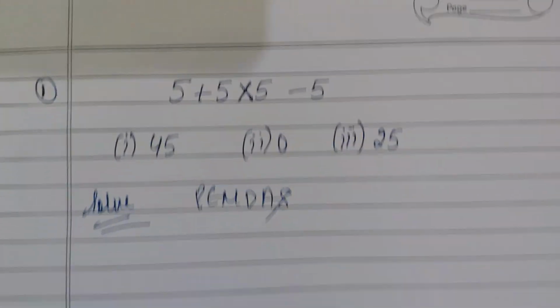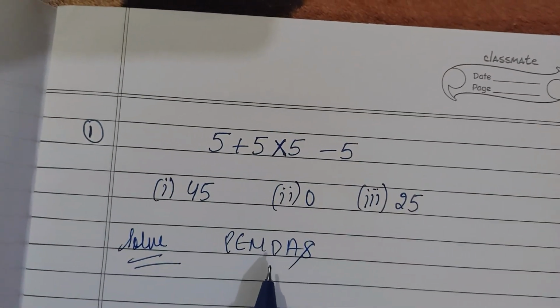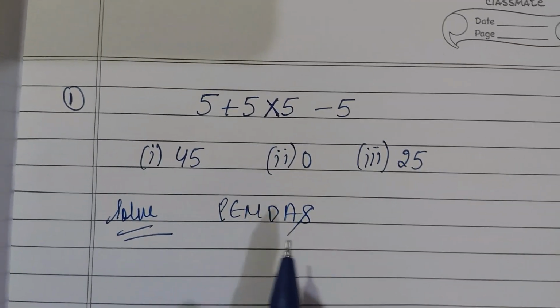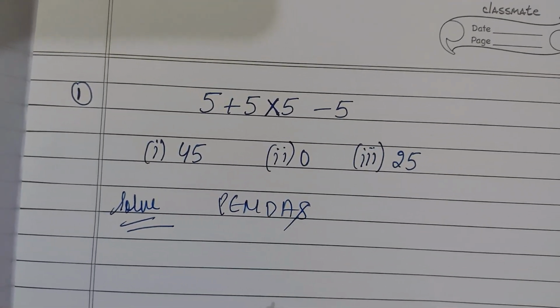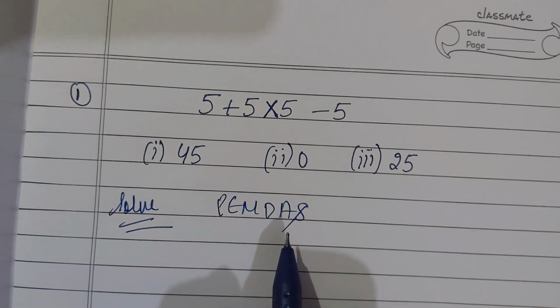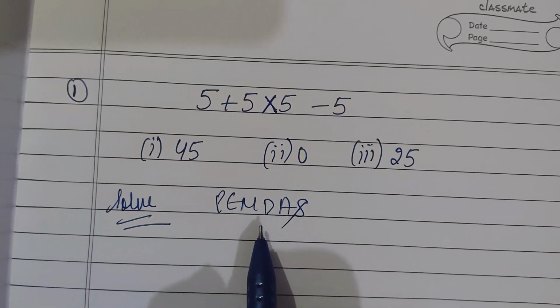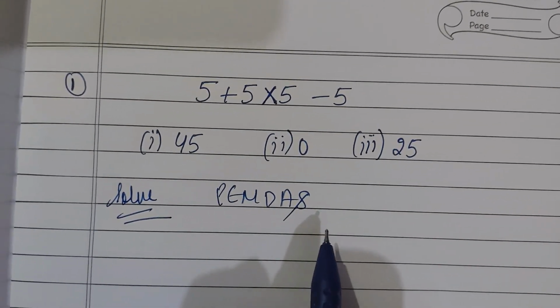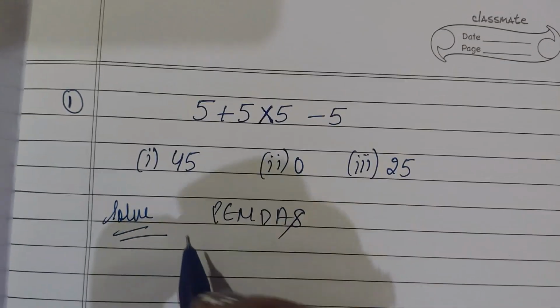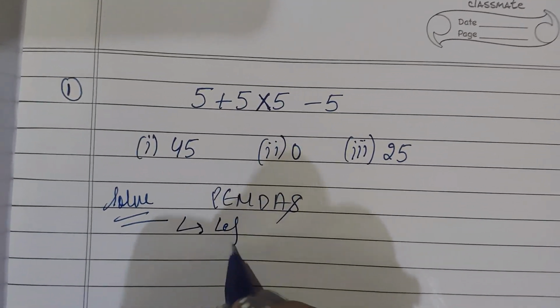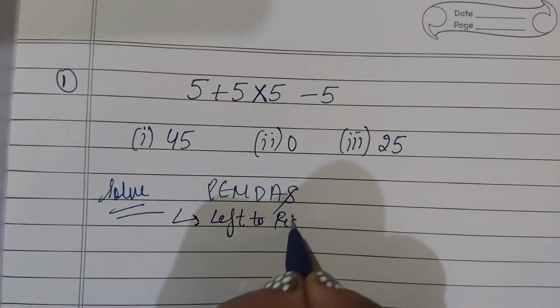Here multiplication and division have the same priority, and addition and subtraction have the same priority. If we have multiplication and division, or addition and subtraction, multiple times in the same expression, then we have to solve them from left to right.